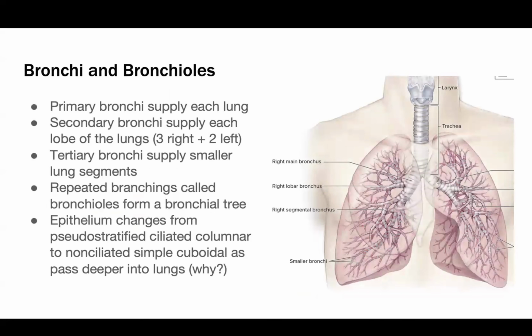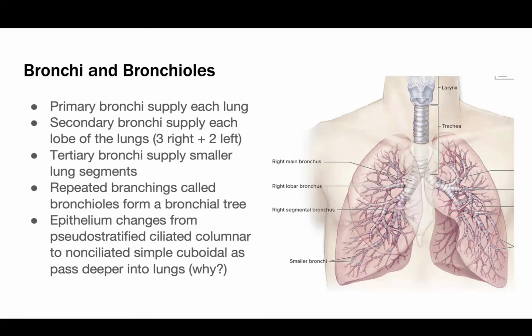From the carina, we enter the bronchi and the bronchial tree. Now, it's called a bronchial tree because it's kind of like an upside down tree that keeps branching. You've got a single trunk that splits into two, that keeps splitting almost ad nauseam. You've got the first split, the primary bronchi. You've got one primary bronchus for each lung.